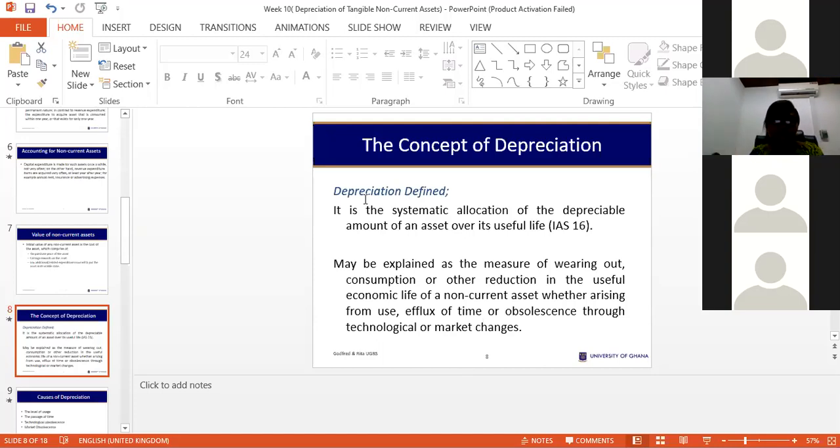But you realize that with tangible non-current assets, we invest the amount at the beginning and then it is earning revenue. Now, in order to help us allocate that amount over the number of years, that terminology is what we refer to as depreciation. So depreciation is just the systematic allocation of the amount over the life of the asset.